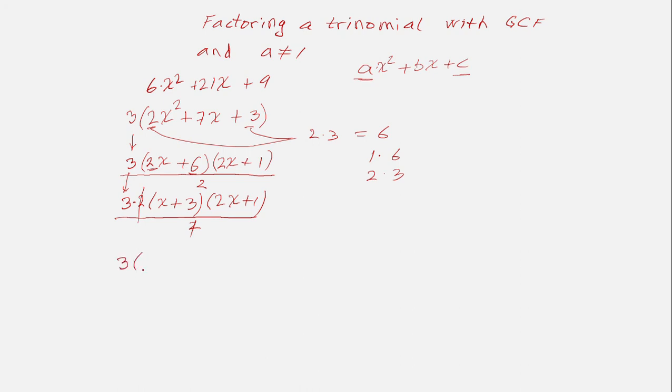So we have 3 times x plus 3 times 2x plus 1. And then these two terms right here, they don't have anything in common. These two, they don't have anything in common. We have multiplication everywhere in between. That means we are done factoring. And this is our final answer.